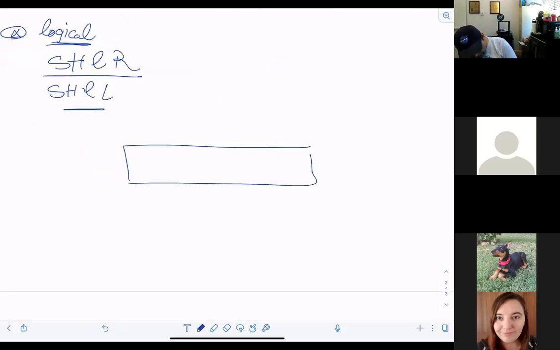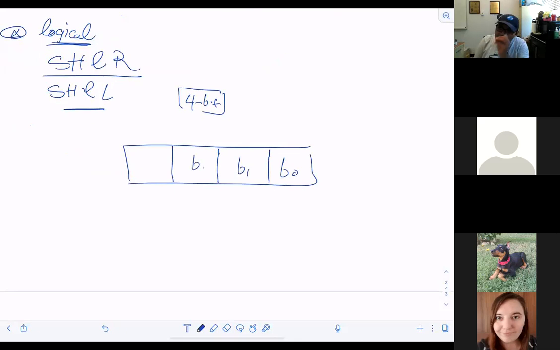So now imagine that I have a 4-bit register: B0, B1, B2, B3. What are those? The cells inside the register. And we agreed from the last lecture, what is the definition of a register? It's a bunch of flip-flops sharing the same what? Clock. And if you remember, in one of the slides I made it like that. So that means all of them have the same clock. Do you guys remember that?